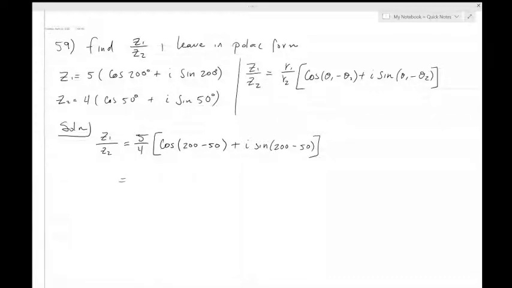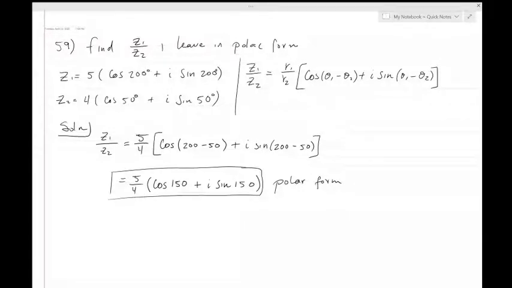Then we have 5 over 4 times cosine of 150 plus I sine of 150. And we are done. Okay, this right here is the final answer, and it is in polar form because it consists of cosine and sine. If we were further simplifying, then it would become rectangular form. So we can stop right there.